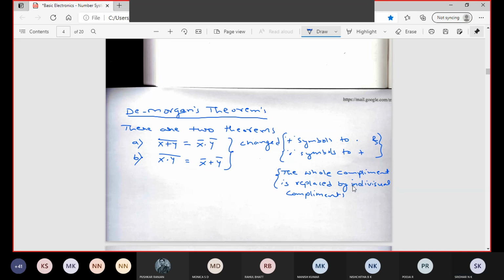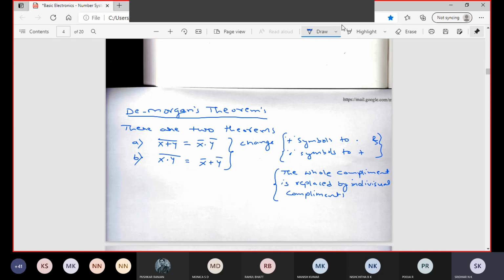Isn't it? Observe properly whether these two statements are correct with respect to the theorem. So first one is x plus y whole bar is equal to x bar dot y bar. The plus symbol is replaced by dot.